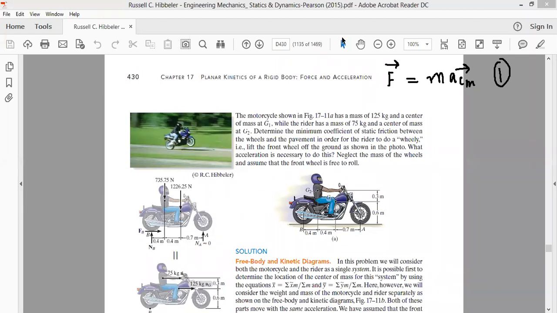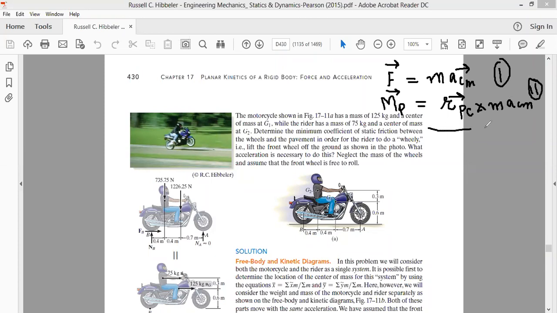We said that the summation of all the moments of a rigid body about any point P is equal to the cross product of the radius vector drawn from point P, the point about which you are calculating the moments, to the center of gravity, cross mass times the acceleration of center of mass of a rigid body. Okay, these two equations we were discussing in the previous class.